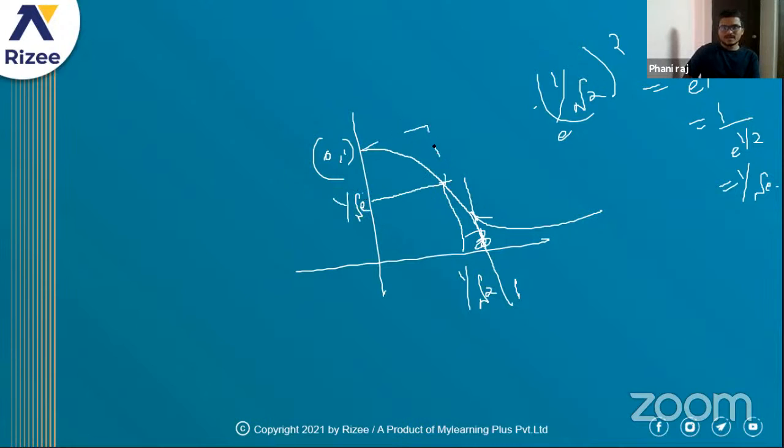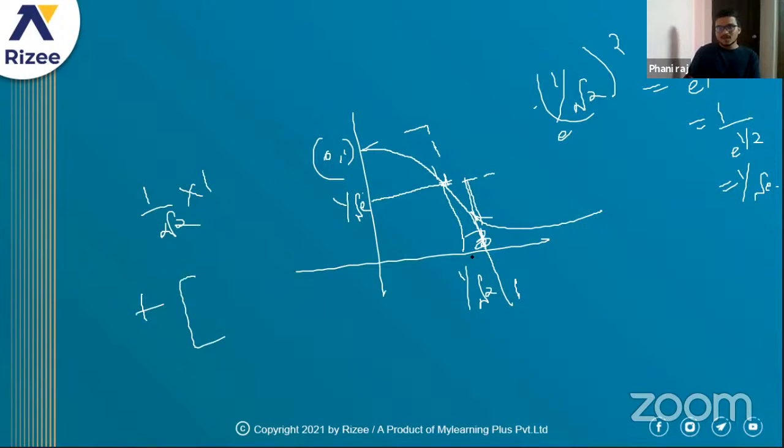So let's complete these rectangles. This entire area under the curve is less than the sum of areas of these two rectangles, right? What's the area of these two? Sorry, this width is 1 by root 2, and the area of this entire rectangle is 1 by root 2 into 1.